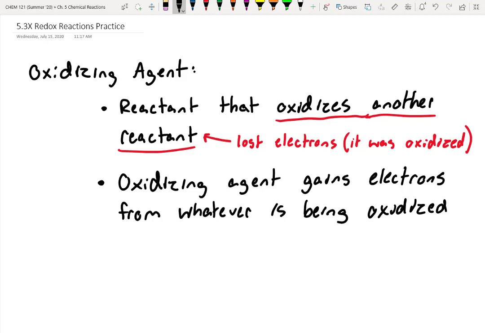All right, so this is kind of the weird paradox, my last bullet point. If the oxidizing agent is gaining electrons, what does that mean is happening? Well, if we're gaining electrons, it must be reduced in the process.